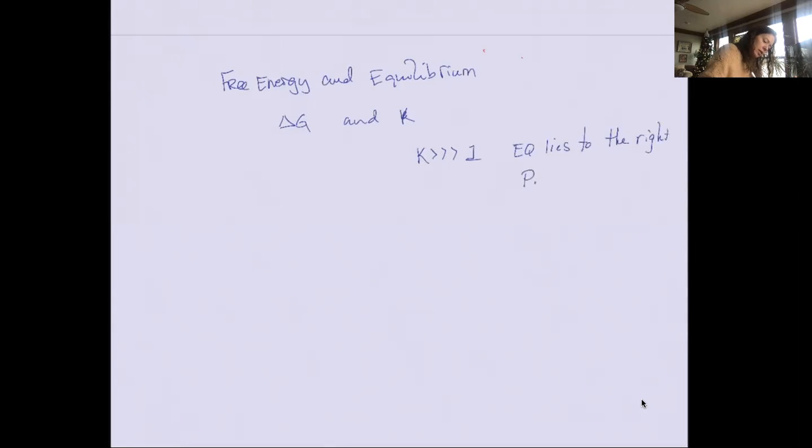It is product favored, and the process readily proceeds in the forward direction. Well, what does that mean in terms of delta G? That means delta G is negative. Very spontaneous.